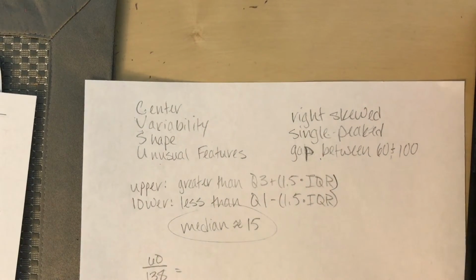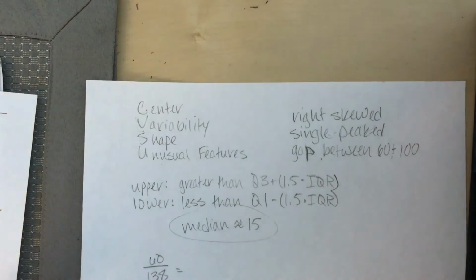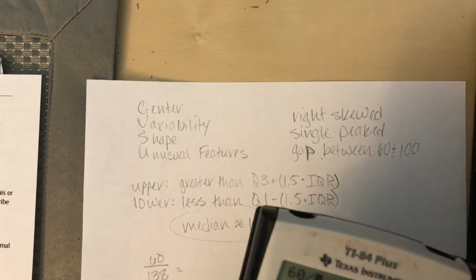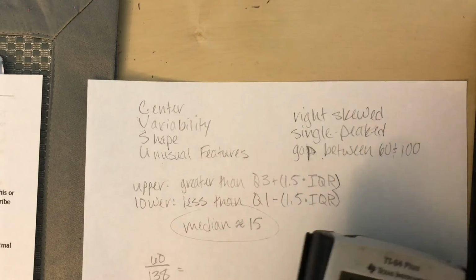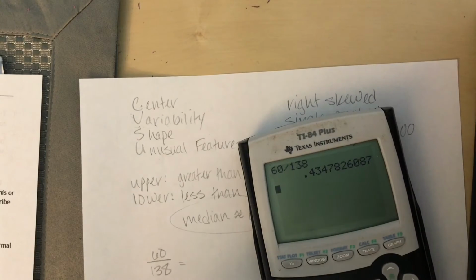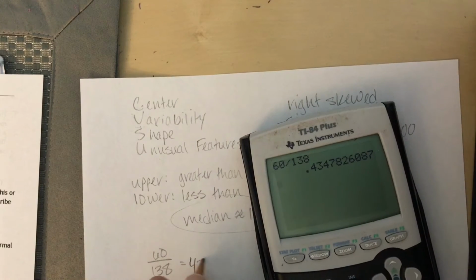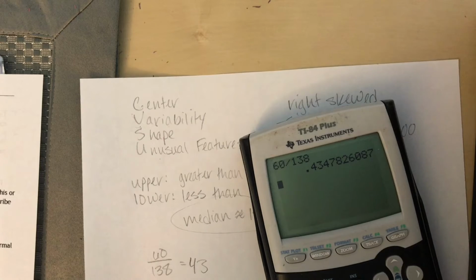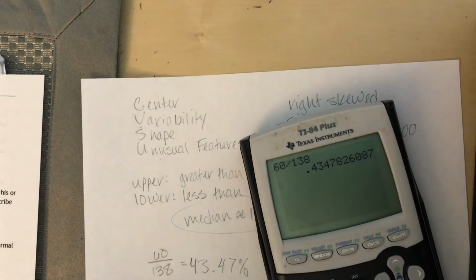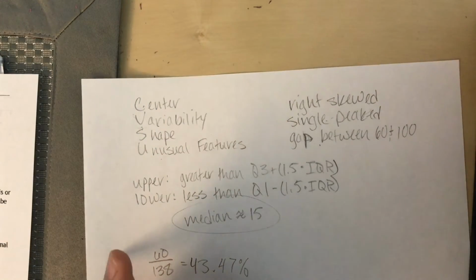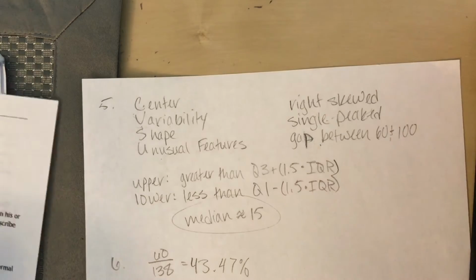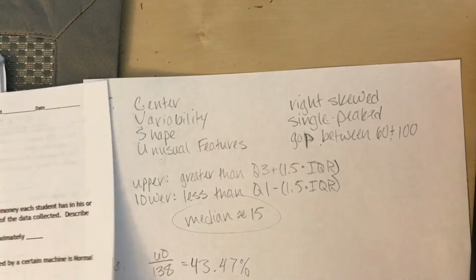Here it is. Okay, 60 divided by 138 equals about 43.47%. So that's for number 6, and that was number 5.